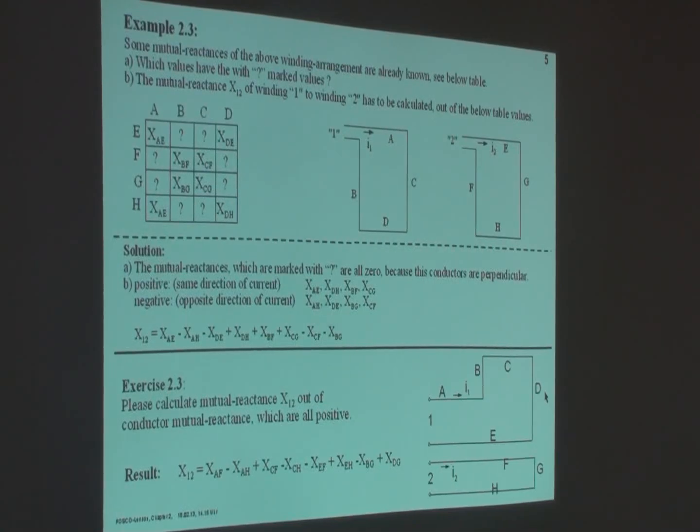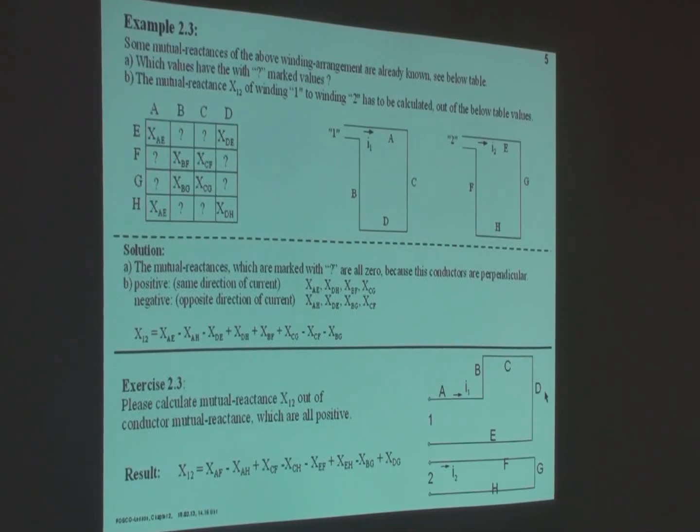We have 2 conductors, A and B. Which reactances can we calculate if we have 2 conductors? How many possibilities are there with the conductors? First we calculate self and mutual reactance.